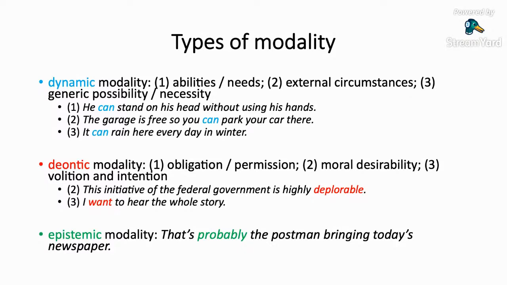In this case, the state of affairs is represented by the fact that the federal government has taken some initiative, and this is judged by the speaker as something highly deplorable. Another case which falls under deontic modality is volition and intention, and you see an example at point 3: I want to hear the whole story.